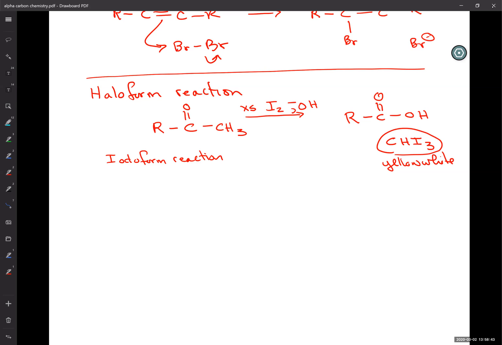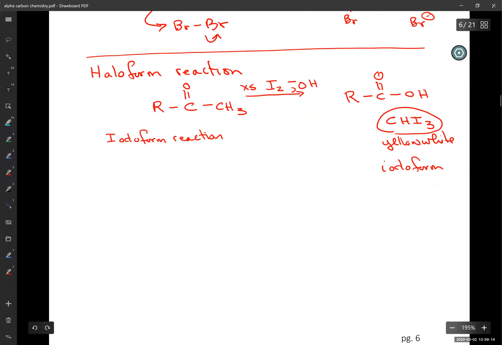Well, I'll draw the mechanism so you can see it. But this is iodoform. If you do it with chlorine, Cl2, you end up with chloroform. So haloform is the general name for iodoform, chloroform, all those: three halogens and one hydrogen on a carbon. Okay. Mechanism.